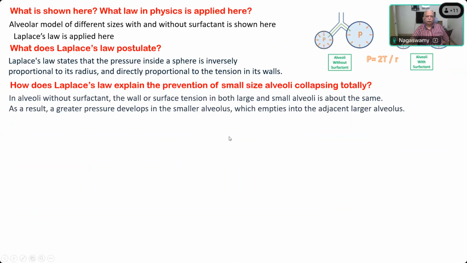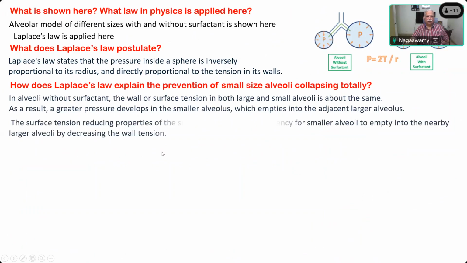Whereas surfactant prevents the collapsing of that alveoli and does not allow the radius to become small. So the surface tension reducing properties of the surfactant reduce the tendency of the smaller alveoli to empty into the larger alveoli by decreasing the wall tension.